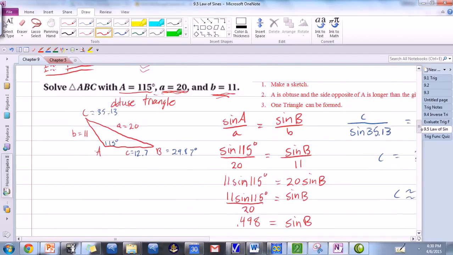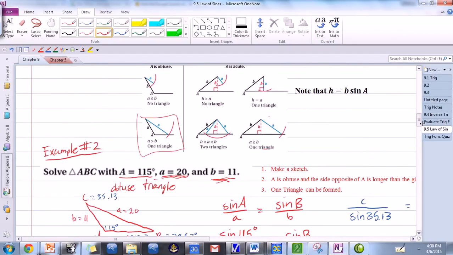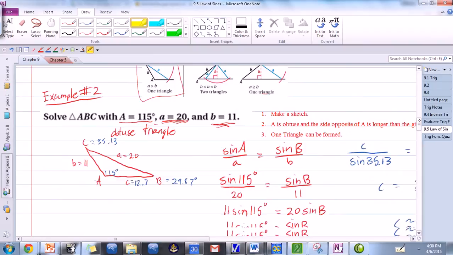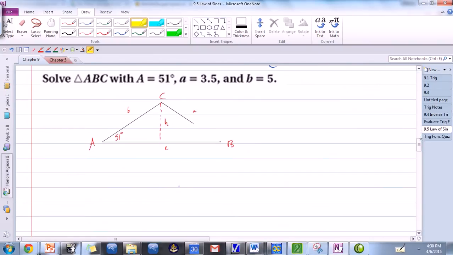Now, one part that I want to show you is up here with each one of these cases: H equals B times sine A. We're actually going to use that with this. It might have been confusing when we did it in class, but hopefully this helps. Since H equals that, and this is our right angle, B is our hypotenuse, and H is one of the legs.